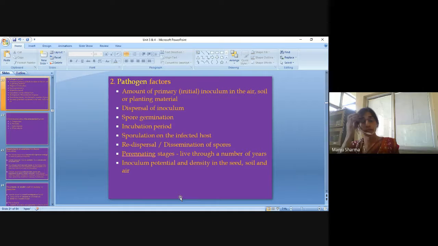Then the second factor is the pathogen factors.